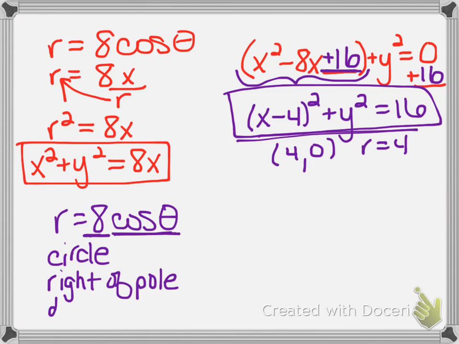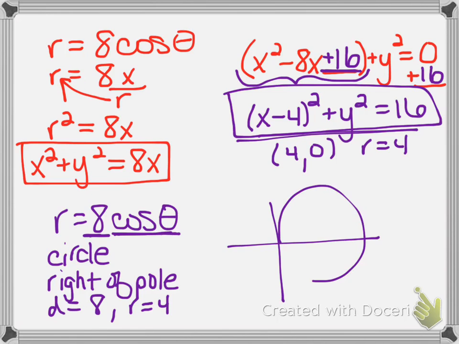We know that the diameter is 8, so the radius is 4. So that means that we have a circle that looks like this. Our center is the point (4, 0), and it goes 4 units in each direction. That's what gives it a diameter of 8. And so that agrees with the graphing form.